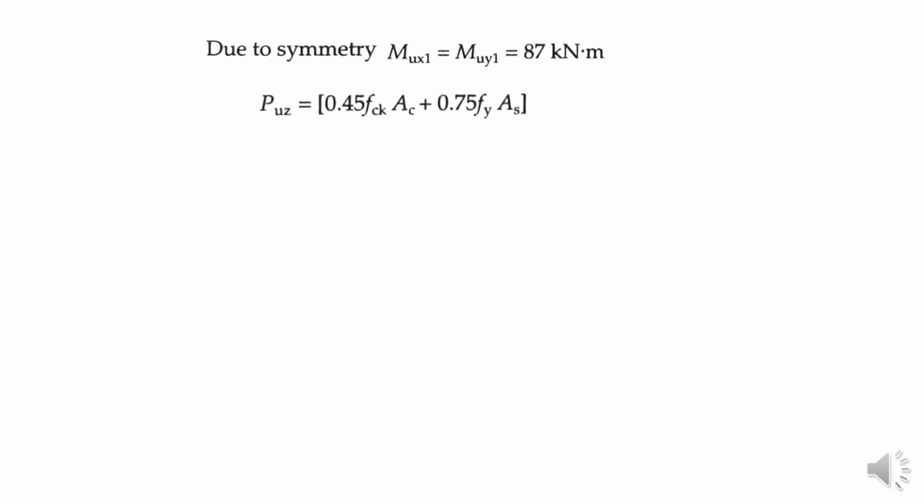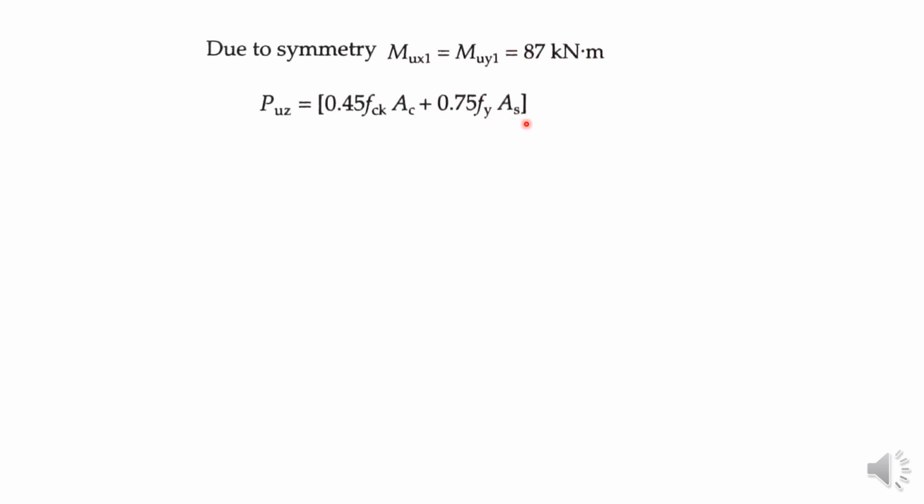Then we have to find the value of Puz. Puz is given in clause 39.6 on page number 71 of IS 456 2000. The value is given by Puz equal to 0.45 fck into Ac plus 0.75 fy into Asc.